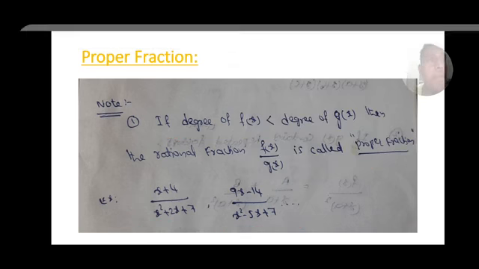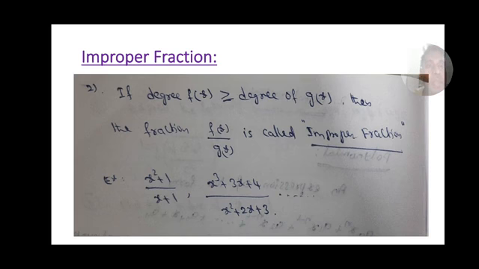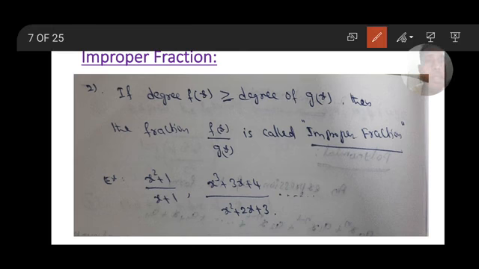Next, improper fraction. If the degree of f of x is greater than or equal to the degree of g of x, then the fraction f of x by g of x is called an improper fraction.